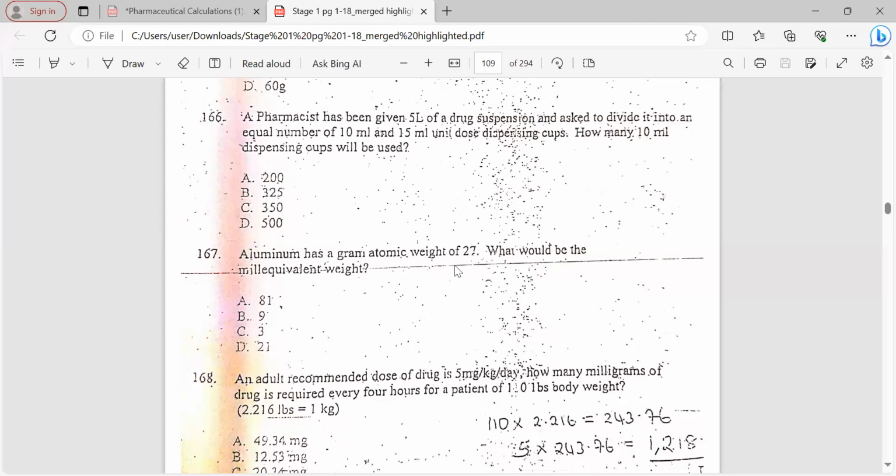So to calculate milliequivalent weight, you need to at least know the valence of your compound. So what is the valence of aluminium? I think 3. Valence of aluminium is 3.